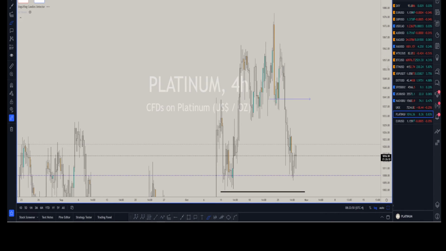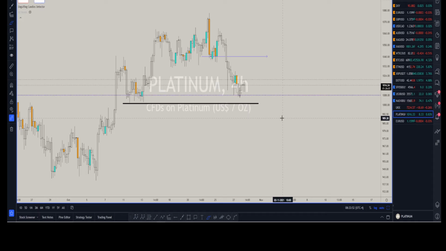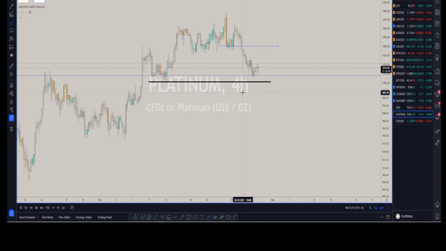Platinum. This liquidity has not been grabbed. There's a sell that is playing out around these areas. If it continues, I'll watch this area. If not, that's a sell for this area to come down. So if you can manage a sell, go ahead.